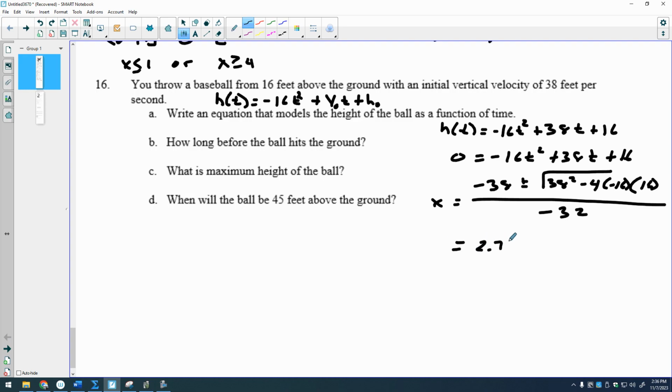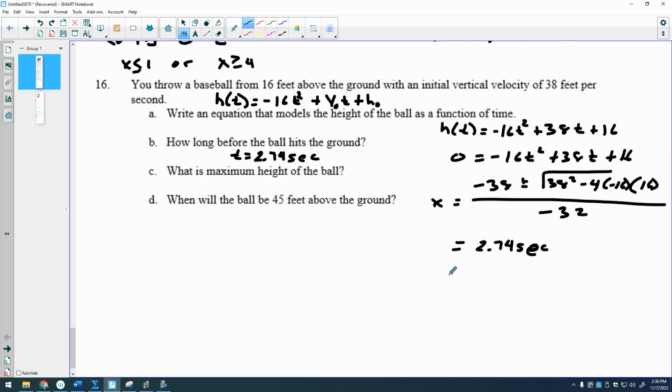One of them is 2.74 seconds, and one of them is a negative number. The negative number doesn't make sense, so my answer is how long before it hits the ground? Not x, I guess, but time equals 2.74 seconds.